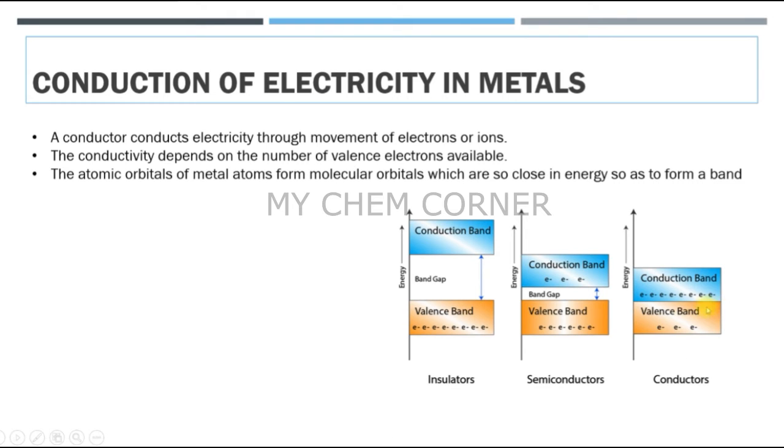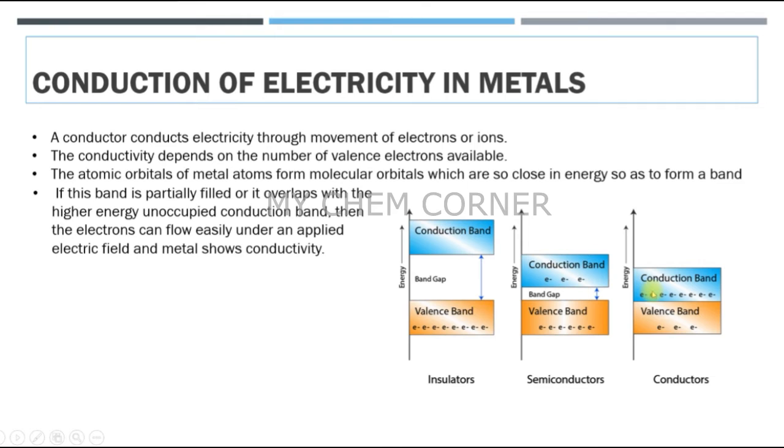The electrons in the valence band are going to jump to the conduction band, which is the higher excited state. When an electron jumps from the lower state, which is the valence band, to the higher excited state, which is the conduction band, there is conduction of electricity. Here, the energies are so close that electrons can easily jump to the conduction band.